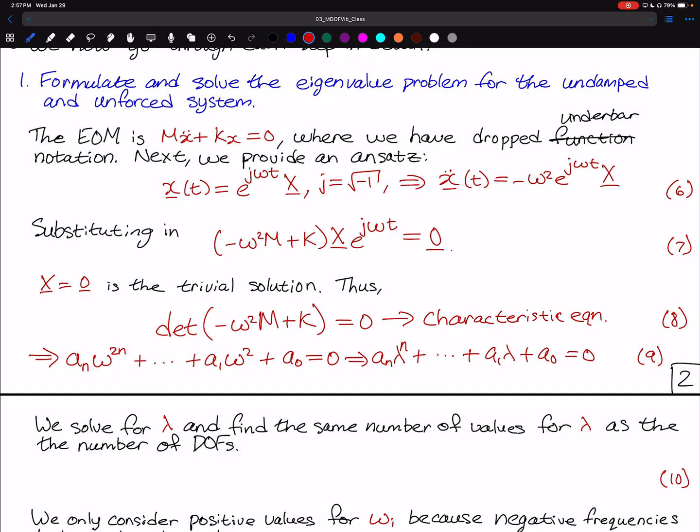So if you have 10 degrees of freedom, you have a 10th order polynomial you have to solve. And when you use these things in practice, for example with a finite element model, you're generally thinking about thousands of degrees of freedom. And so if you wanted to find every single natural frequency, every single omega, you would need to solve a thousandth order polynomial.